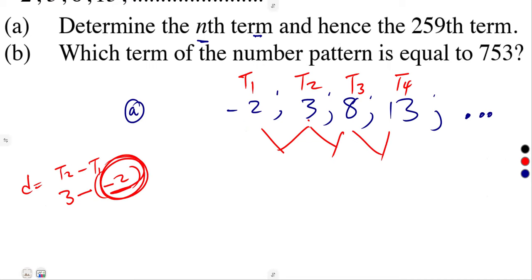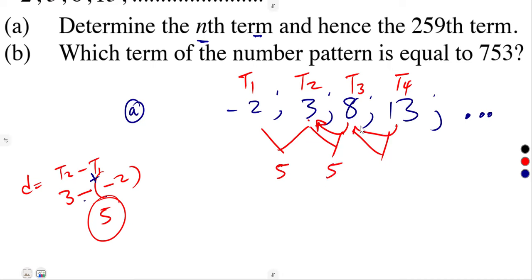It's already carrying a negative, so that will be minus a negative, which is a positive, and that's 5. 3 plus 2 is 5. The second one is direct, 8 minus 3, which is 5. 13 minus 8 again is 5.